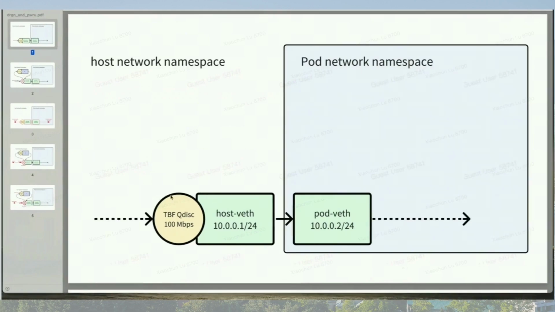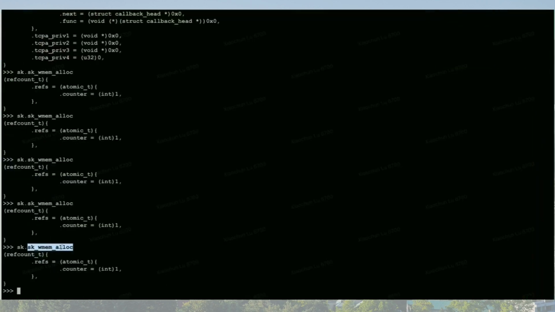Then it goes all the way along the network stack or is queued in the qdisc. And finally, when it leaves the system, the sk_wmem_alloc is decreased. In other words, this member shows how many packets are pending in the system. They left the transport layer but haven't been sent out to the internet.